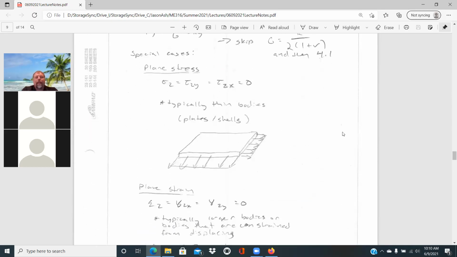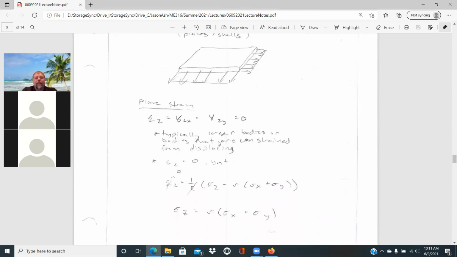For plane stress, that's usually plates and shells, thin materials that are axial loaded in the plane of the material in either direction, so that there is not a stress through the thickness. Likewise, there's no shearing stresses through the thickness on the ZY plane or the ZX plane. That's typical for thin bodies.